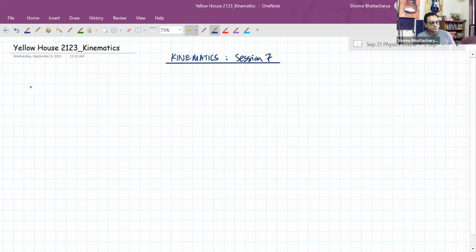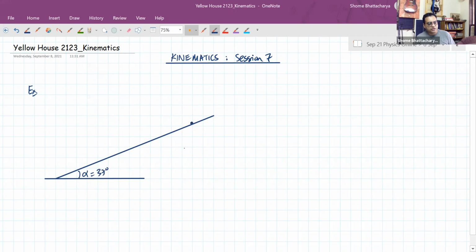So let us look at an example of projection from an inclined plane. This angle is 37 degrees this time.